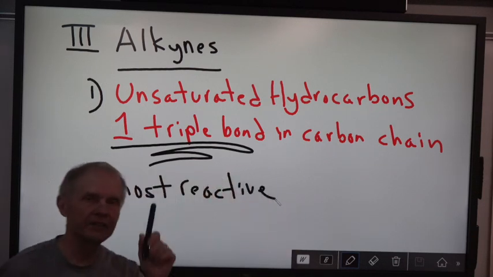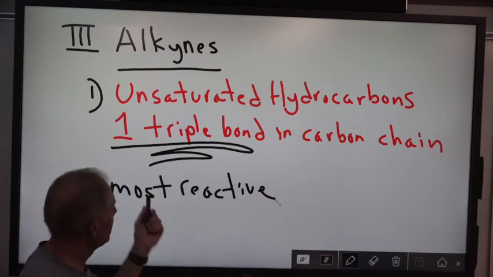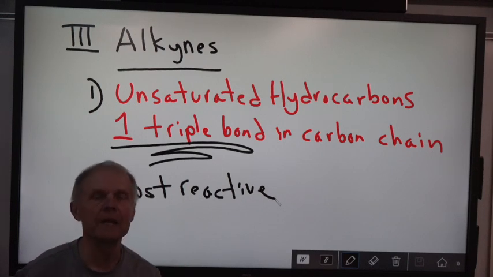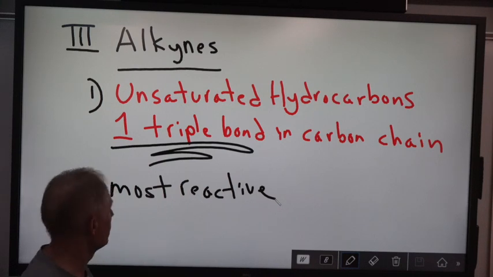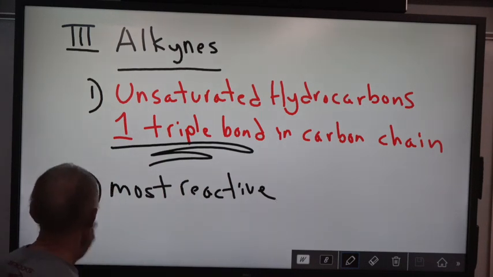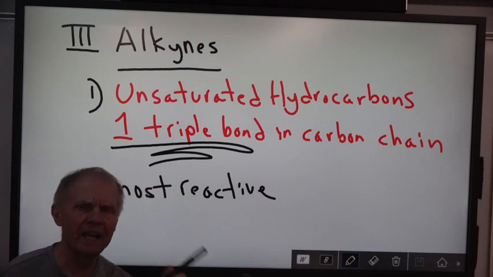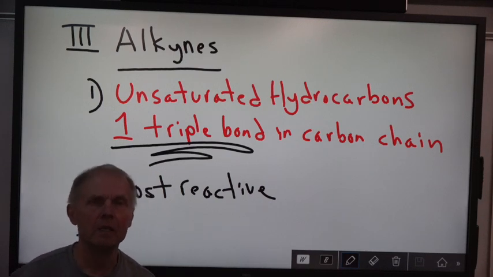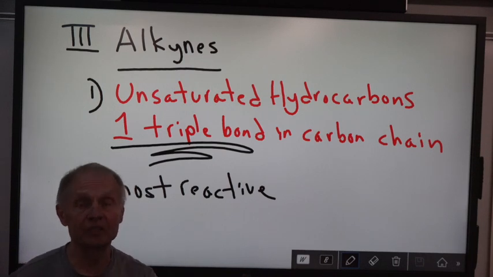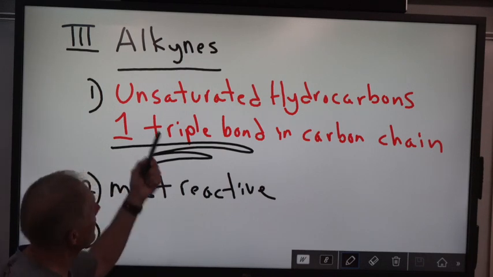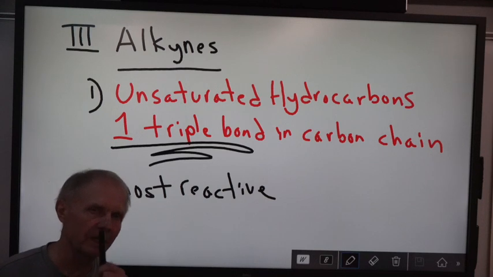For number 2, of the alkanes, alkenes, alkynes, these are the most reactive. They react faster than any of the other alkanes or alkenes. All right? Number 3. Remember, number 3 for alkanes is general formula. We left that blank. Number 3 for alkenes, general formula. We left that blank. Same thing here. Number 3 for alkynes, general formula, but we're going to leave it blank.